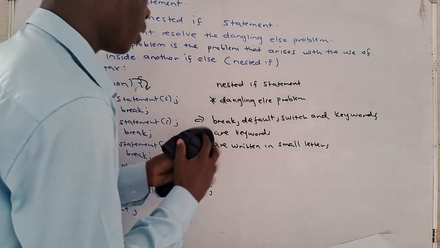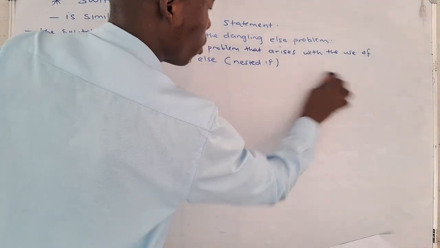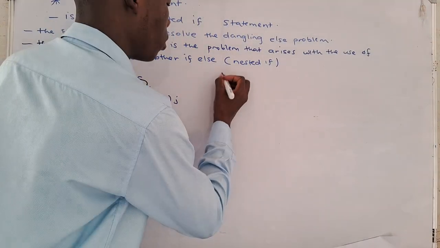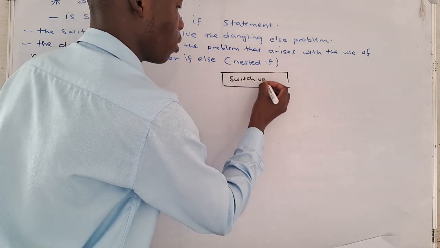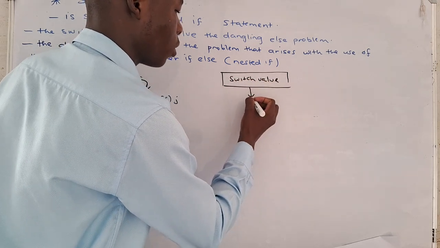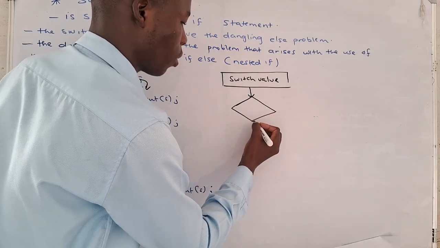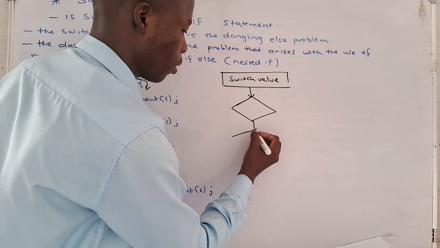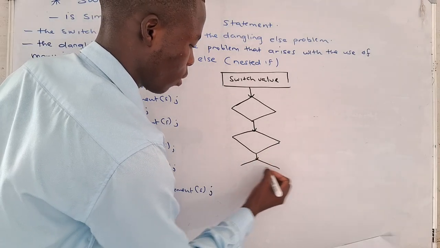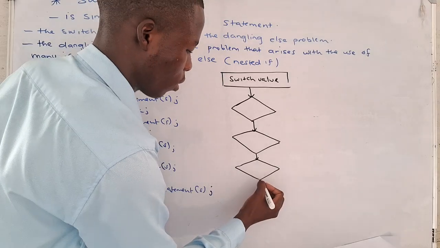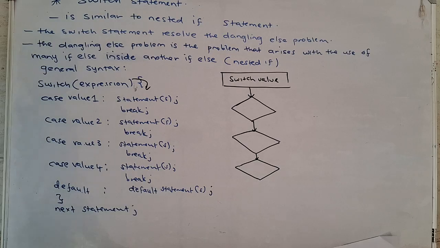Now we would like to draw the flow chart showing the execution of this program. This is the switch value. From the switch value, for the sake of space, I am going to use only 3 cases.